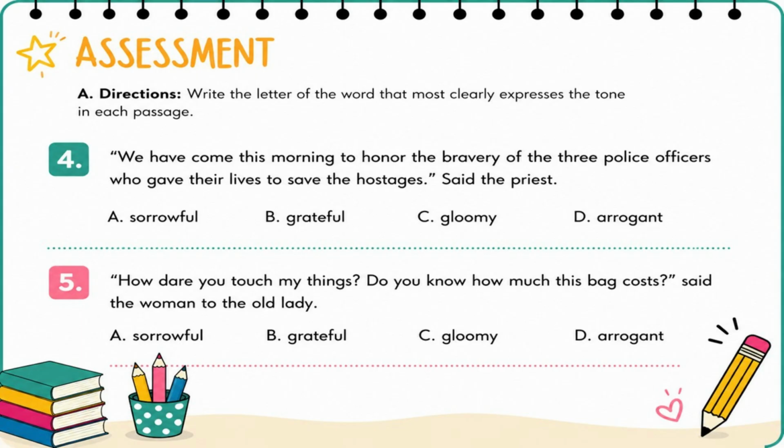D. Arrogant. Number 5. How dare you touch my things? Do you know how much this bag cost? Said the woman to the old lady. A. Sorrowful. B. Grateful. C. Gloomy. D. Arrogant.